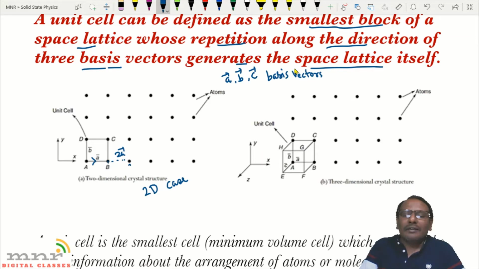Similarly, along another particular direction, B bar, the basis vector is B bar, this will generate a unit cell in the two-dimensional space. The square A, B, C, D, it may be a square or may not be a square, that all depends on the values of A and B. This is called a two-dimensional unit cell.